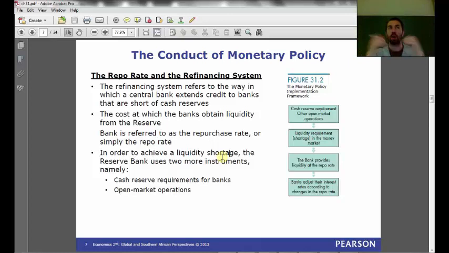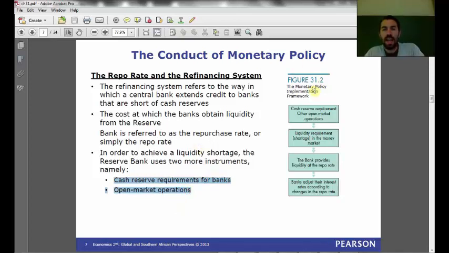So banks are not holding enough reserves, right? The Reserve Bank can use changes in the reserve requirements or go into markets and use open market operations. Usually what the Reserve Bank will do is both of those at the same time.